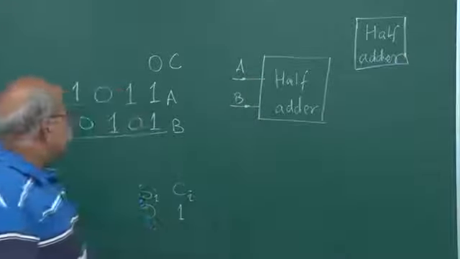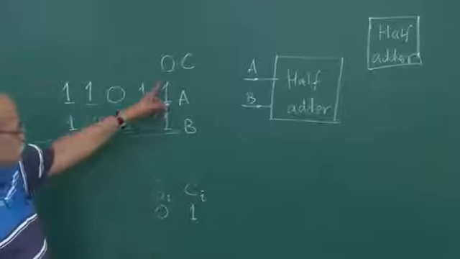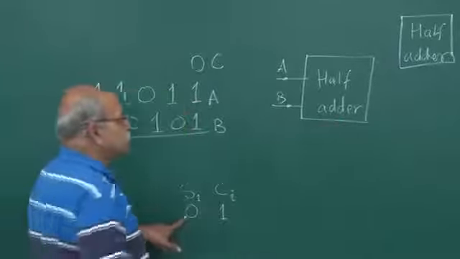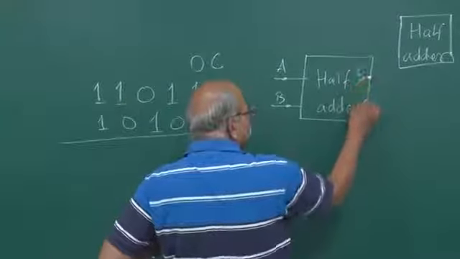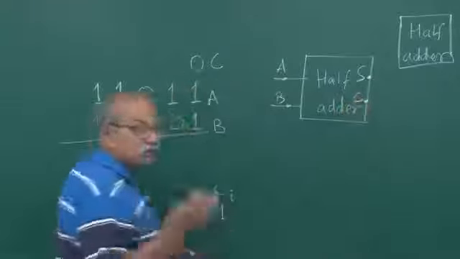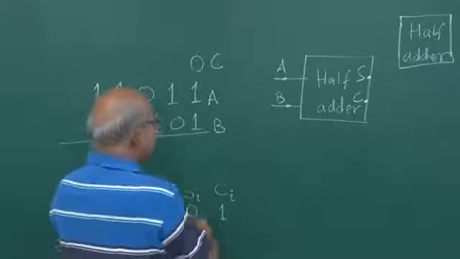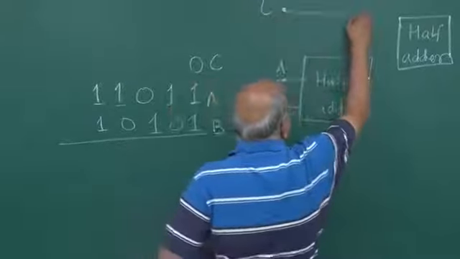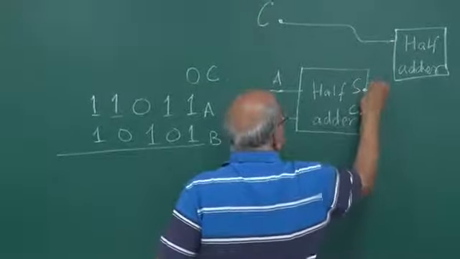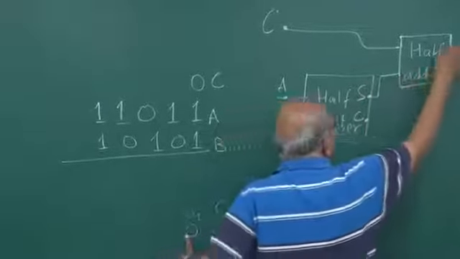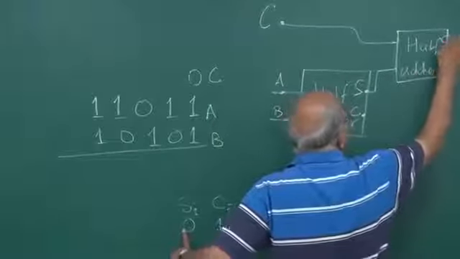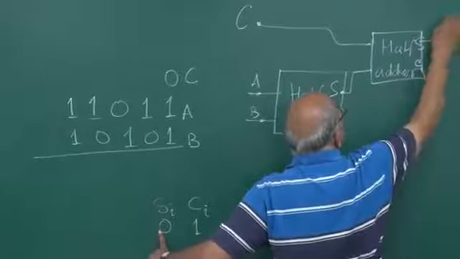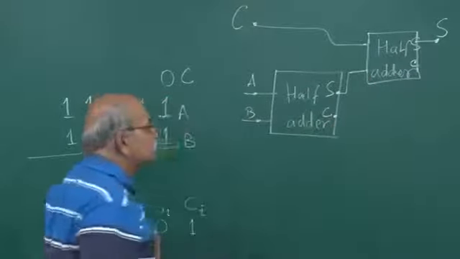And the sum that I am getting from this, so this is the sum point, this is the carry point, you know, in the half adder you have two outputs. So this sum and that carry go here, and then the sum, this is our final sum.